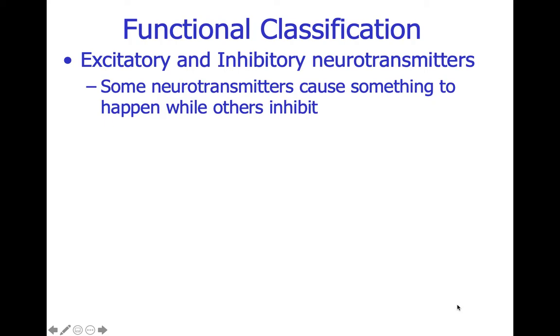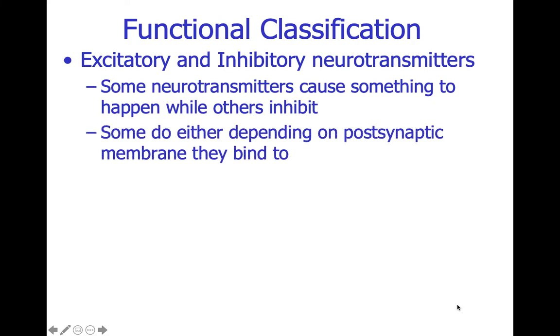Here's where it gets a little dicey. Some can do either, depending on what the postsynaptic membrane is that they're going to bind to. Hopefully that makes you go, huh? What? Because it is a little bit weird. What we're saying here is we have a group of neurotransmitters that when applied to a postsynaptic membrane causes something to happen, a contraction.